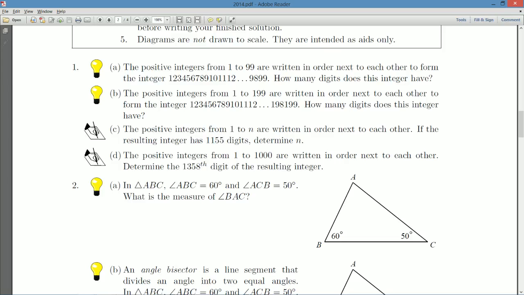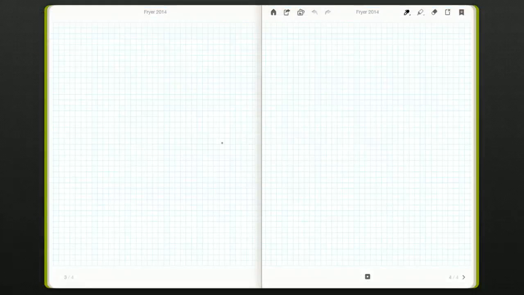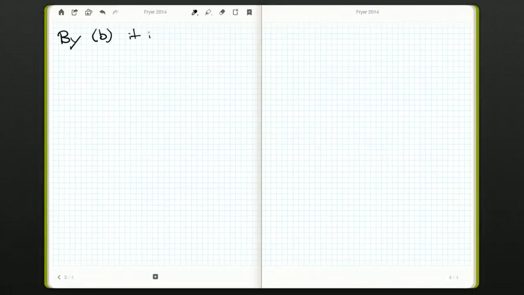But the question is, is n going to be 3 digits or 4 digits? Well, we'd have to do a little experimentation. So n is going to be greater than 199.